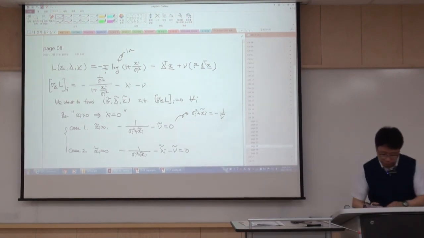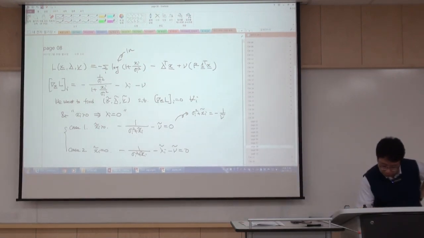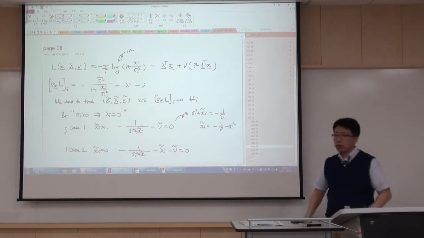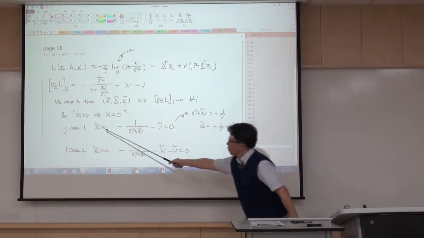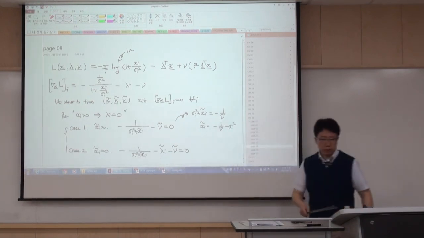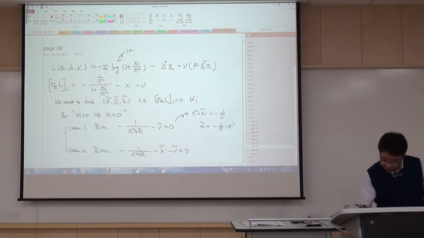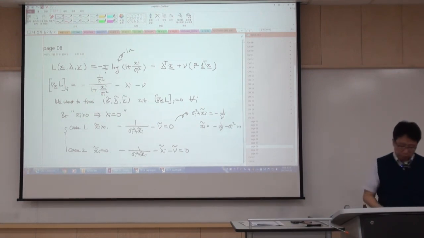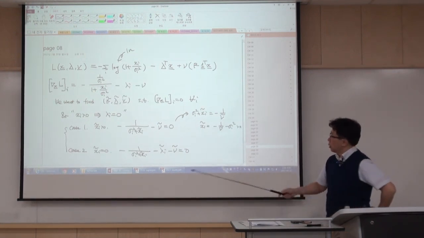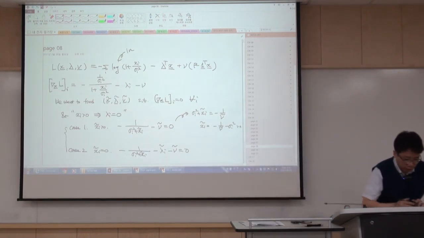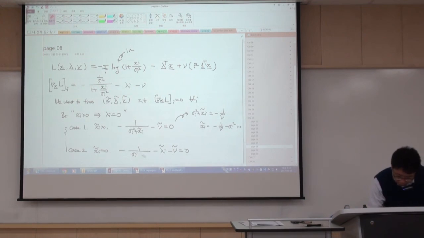So here xi tilde equals minus 1 over nu tilde minus sigma i squared. And this must be what? Greater than 0. For this one, x is 0, so we have to delete this one.